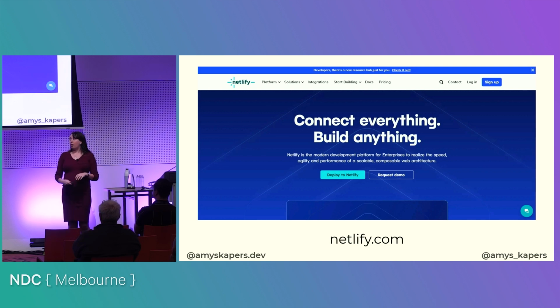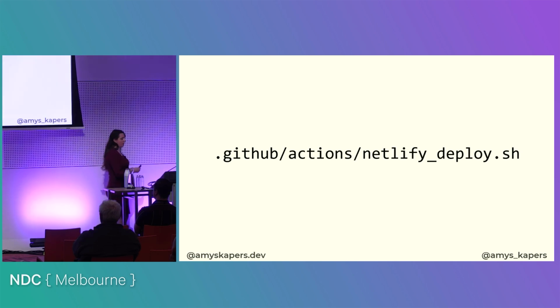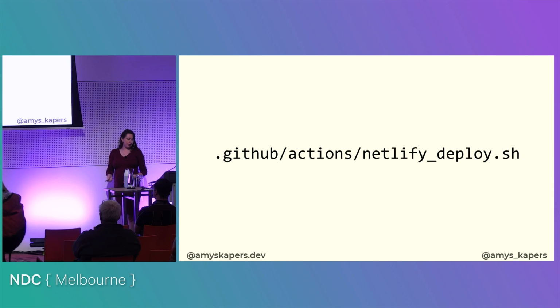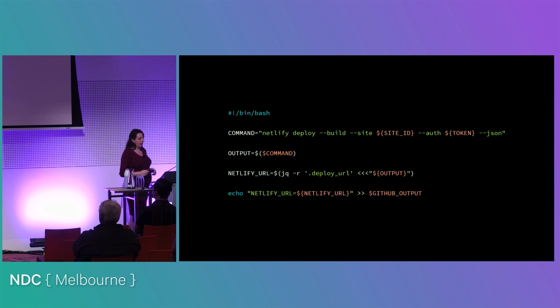So I did what all good developers do, and I built my own script to do it rather than just using something else. Thankfully, Netlify has a CLI tool which made this fairly easy. So I created a bash script, added it to my project, and I can go through and use that to build and deploy the site to Netlify.